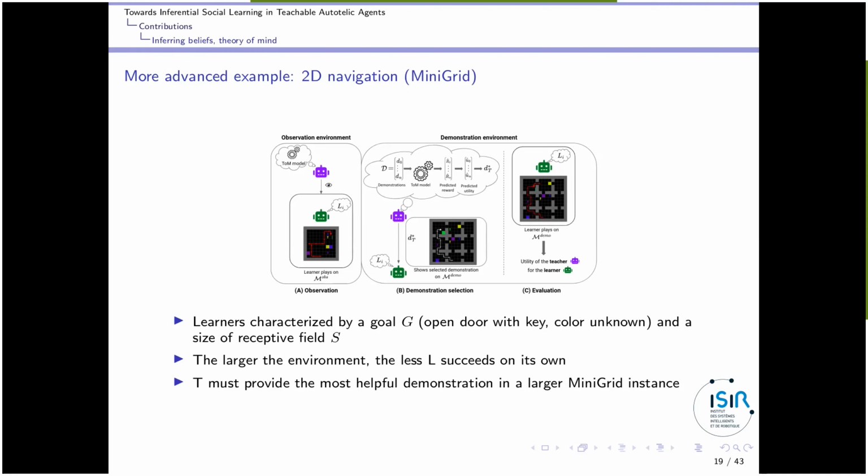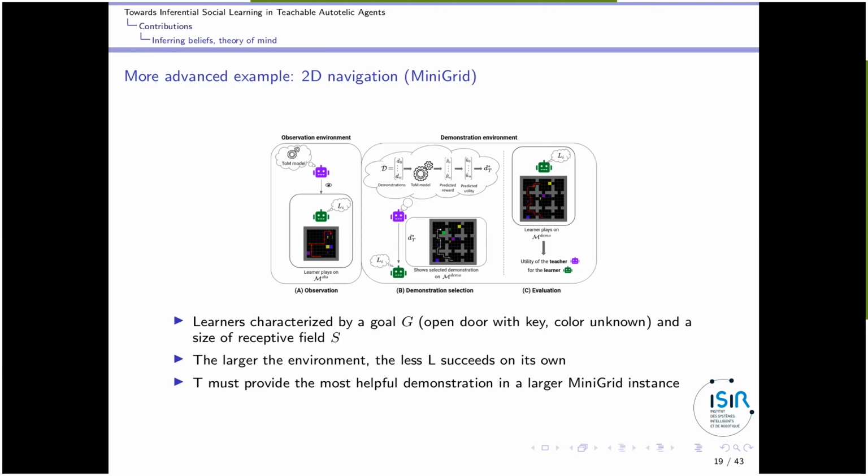A key difficulty in that particular case is that there are different agents, different learners, sorry, and these different learners have receptive fields of different size. So it can be 3 by 3, 5 by 5, 7 by 7, etc. Depending on the size the teacher infers for the learner, it will have to go closer to the key to show it where the key is.